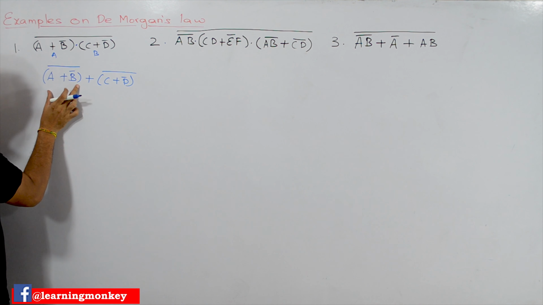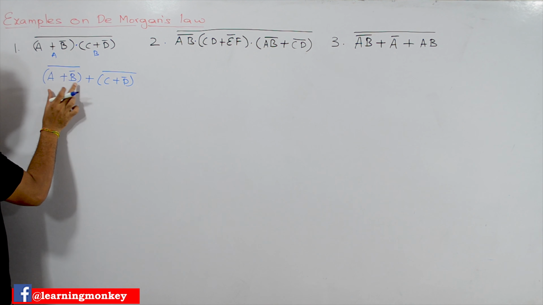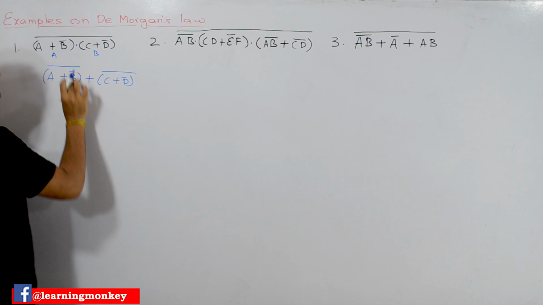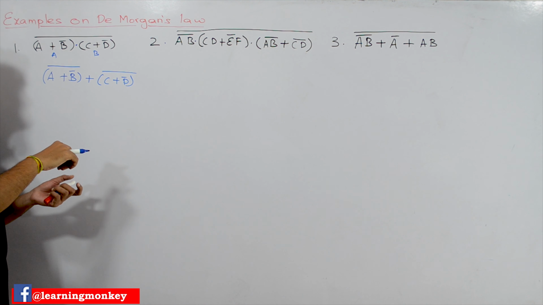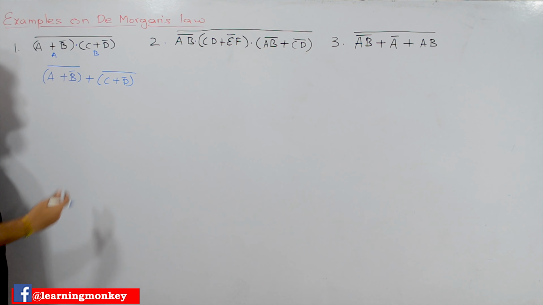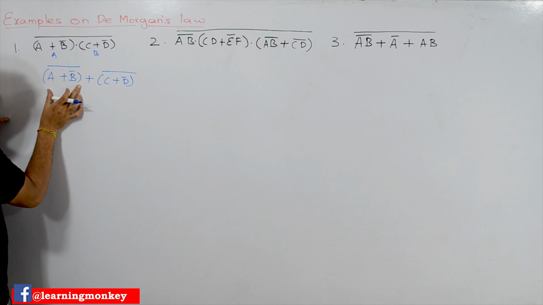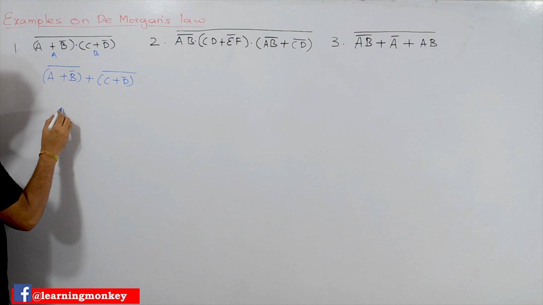Now again we can apply De Morgan's law on this. It is again the complement of A plus B bar. To apply De Morgan's law, convert all the ands to ors and ors to ands.